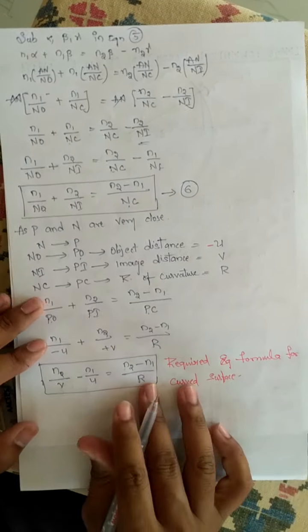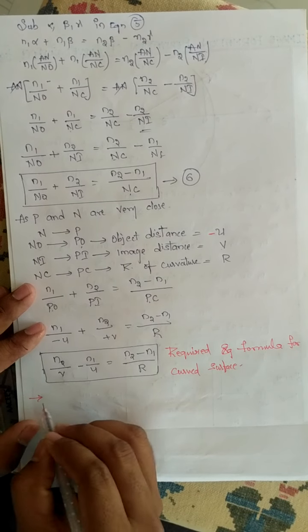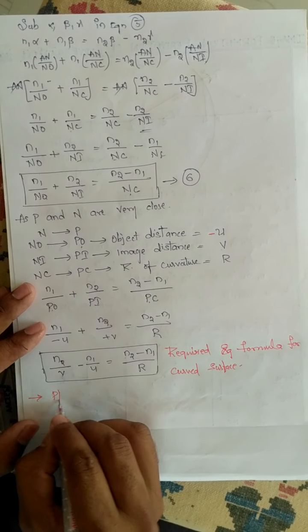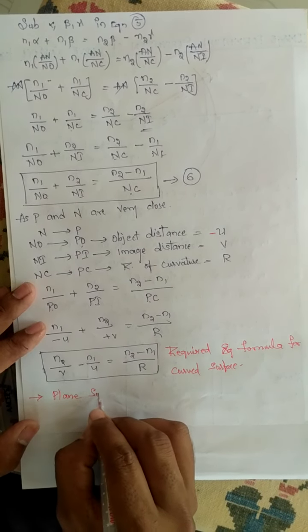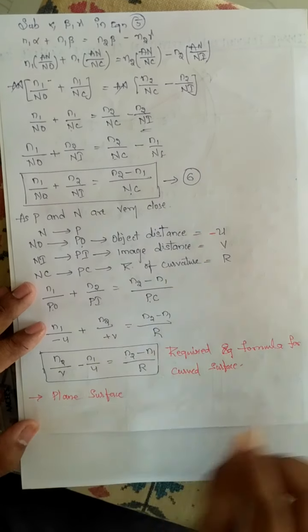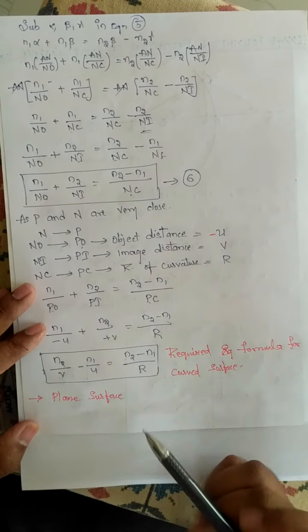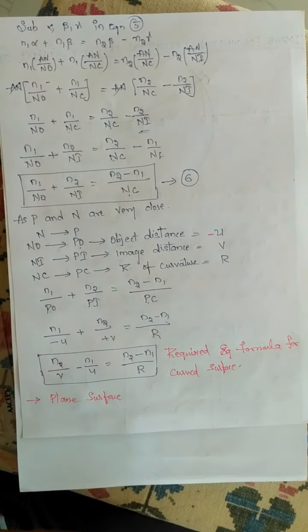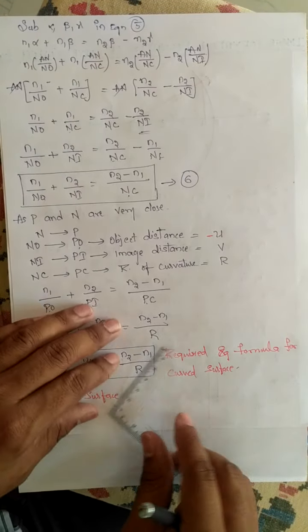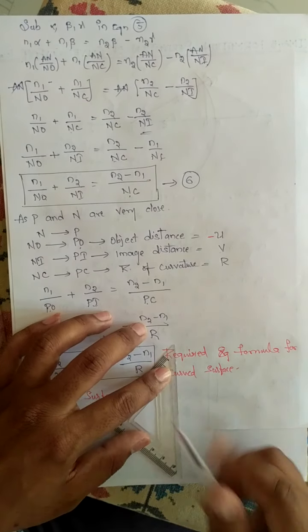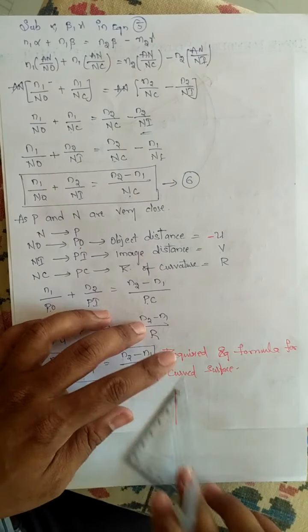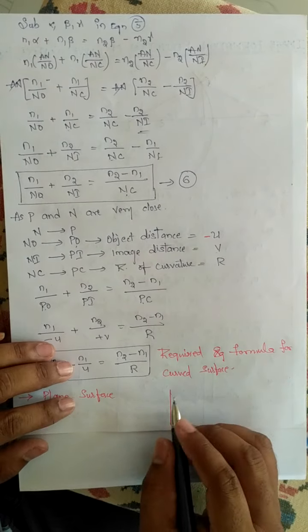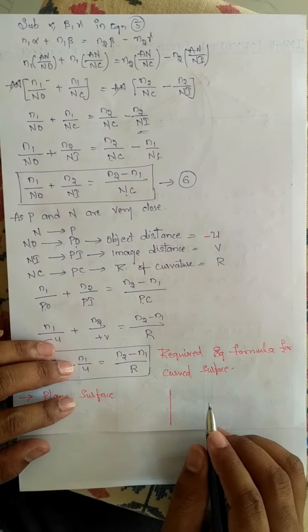Can we get the equation for a plane surface by using the curved surface? Yes, it is possible. If we have a plane surface like this, where is the radius of curvature going to be?